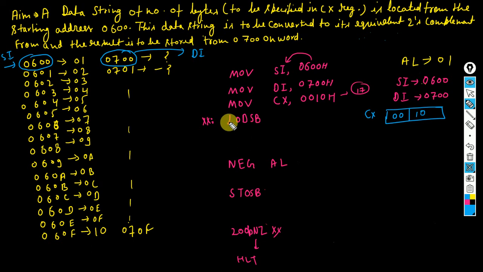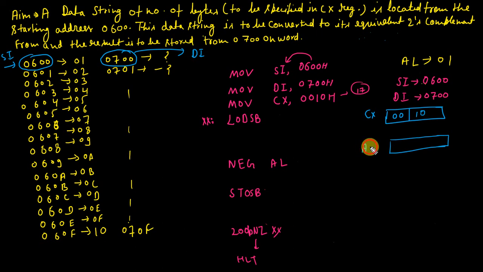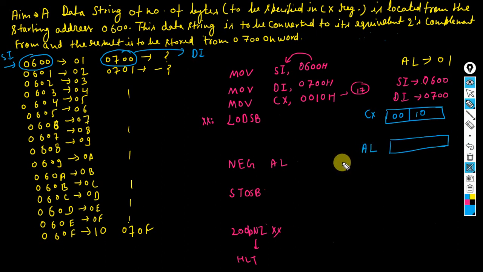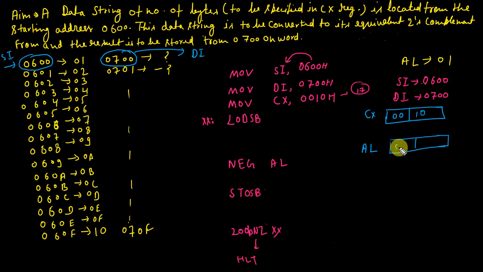Okay, next instruction is LODSB. LODSB means load the SI data to our accumulator. Suppose this is our accumulator, and suppose accumulator data is 00.